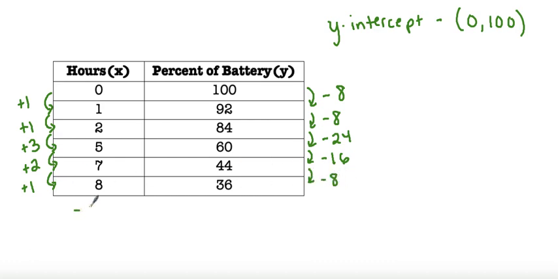So we're losing 8% of battery every hour. And we're losing 24% of battery after 3 hours. And we're losing 16% after 2 hours.